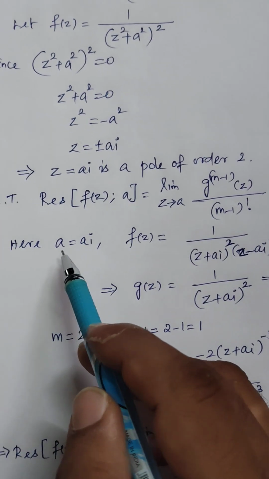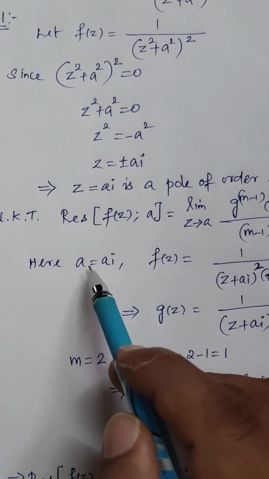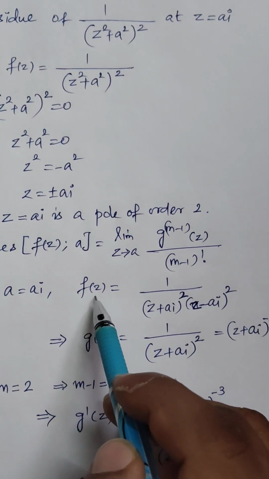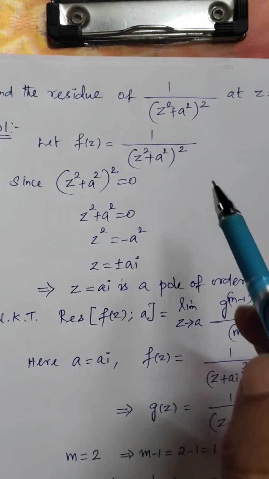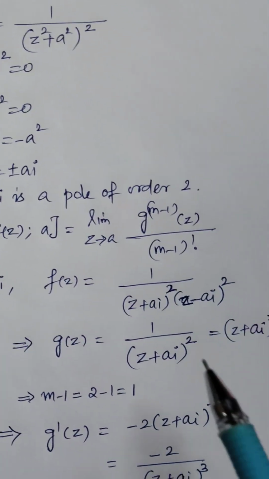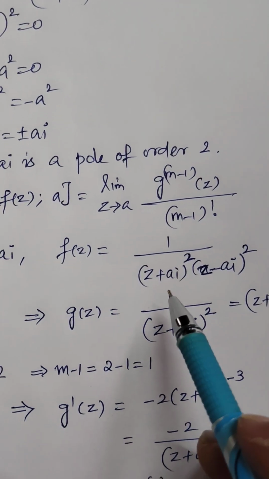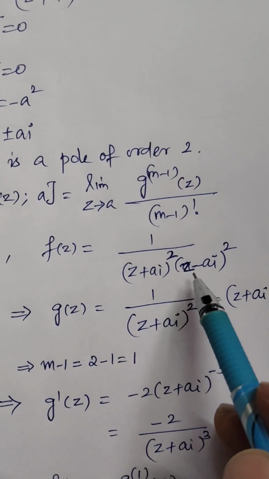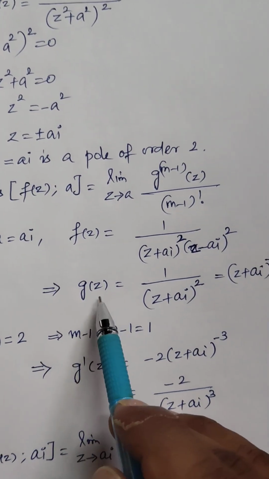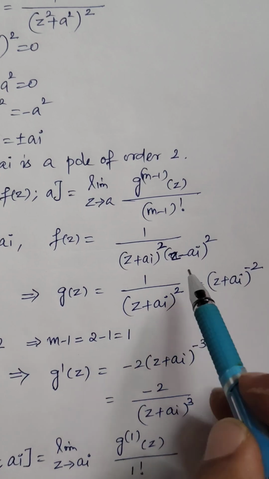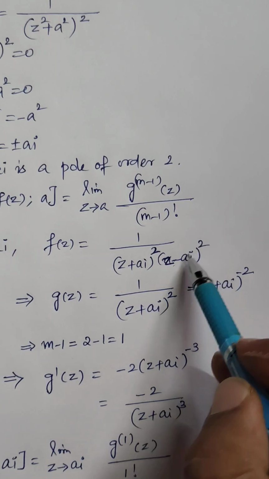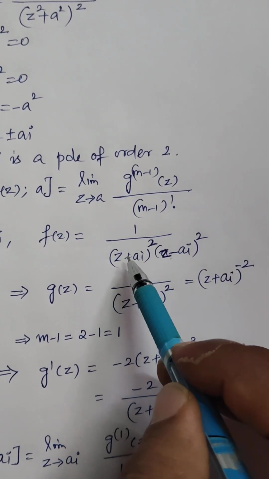Here a is the given pole, which is ai, and f of z is 1 by (z square plus a square) whole square. We rewrite this as 1 by (z plus ai) whole square into (z minus ai) whole square. Leaving (z minus ai) whole square, the remaining part is g of z.